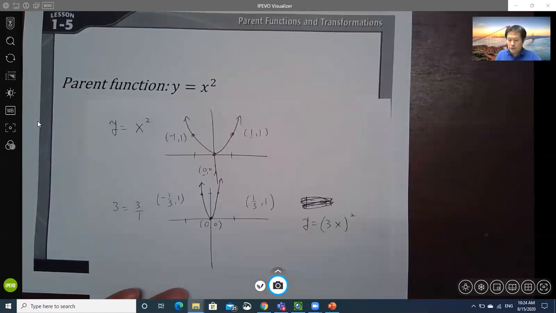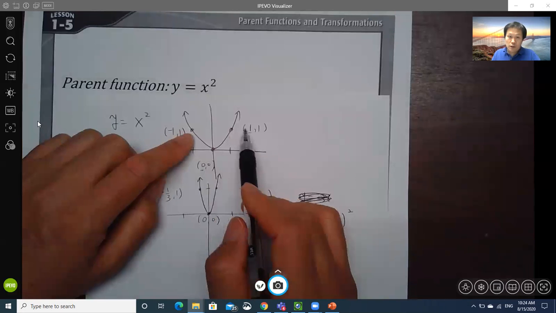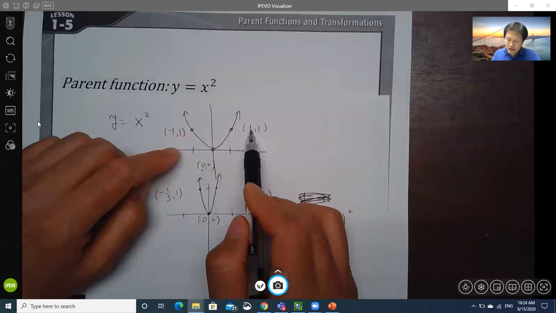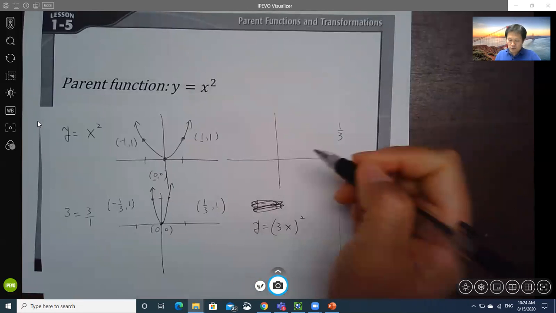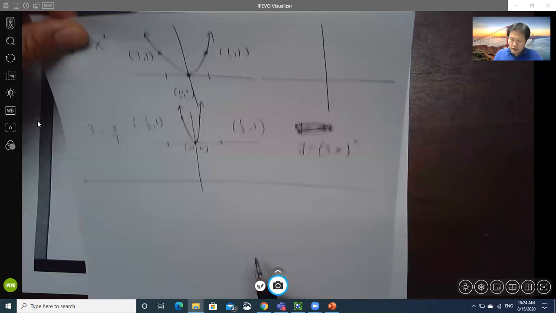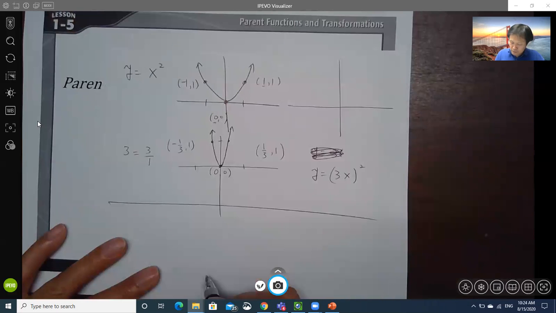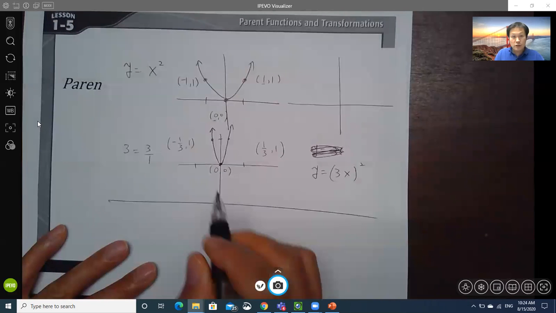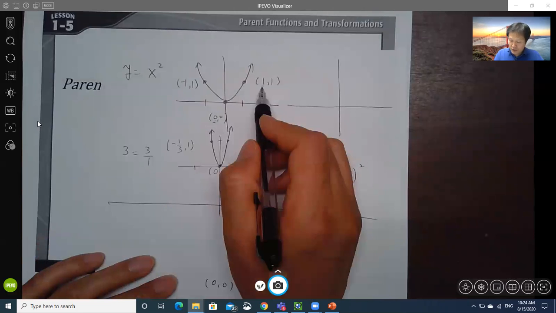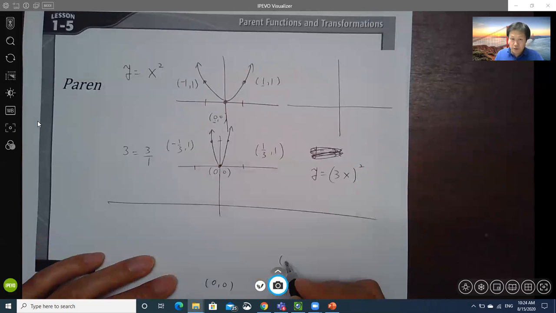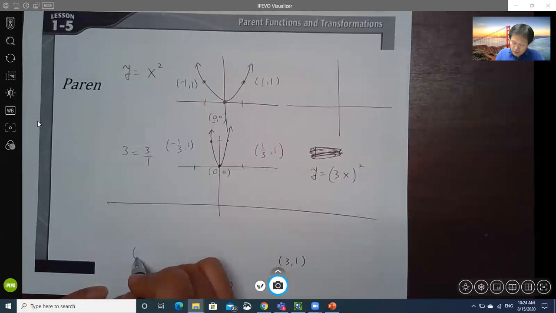So if I were going to graph this, the point 1, 1 will be 3, 1, because you multiply every x value by 3. I don't want you to get confused. So 0, 0 stays 0, 0, because multiplying 0 by 3 doesn't change anything. Multiplying the x value 1 by 3 becomes 3, 1. Multiplying minus 1 by 3 will be minus 3, 1.